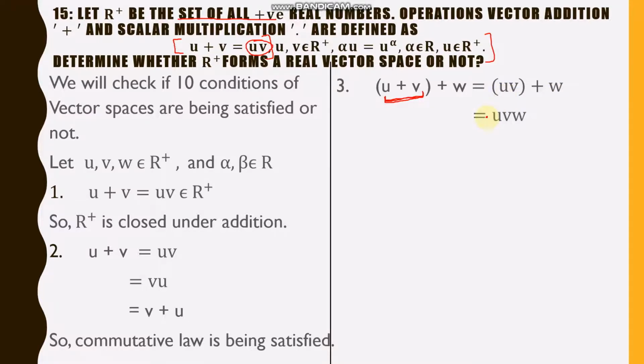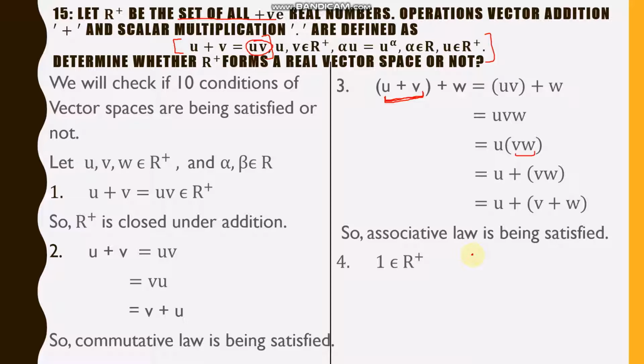Now I can write it as u plus vw. These become two elements, and further vw can be written as v plus w. So again the associative law holds according to this operation.